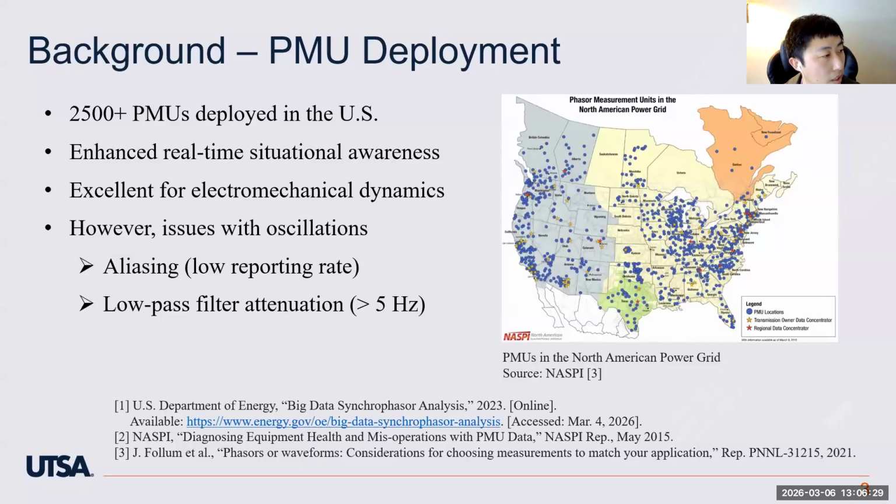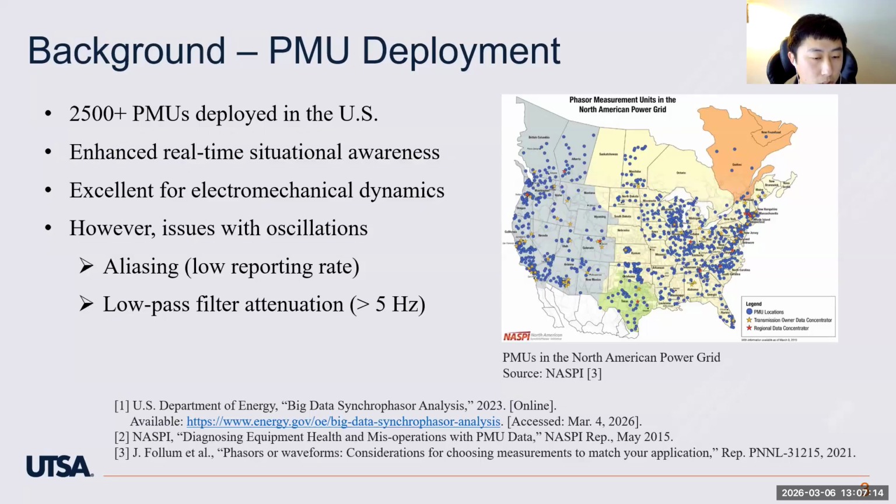It has been proven that PMUs are a very useful tool for monitoring and analyzing electromechanical dynamics, which are usually below 3 to 5 hertz. But there are also two well-known issues with PMUs for capturing oscillations. The first is the aliasing effect, which is caused by an insufficient reporting rate that limits or misleads the observed dynamics.